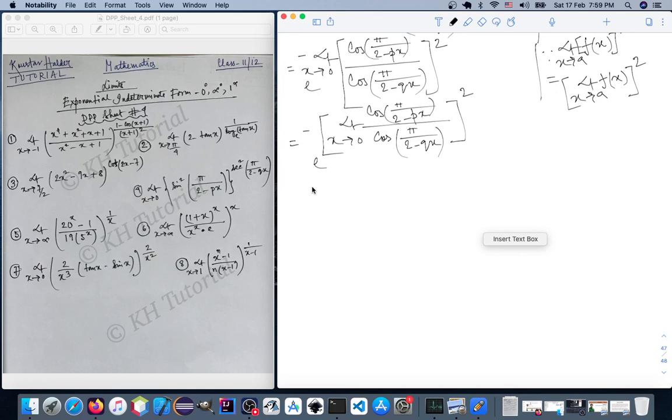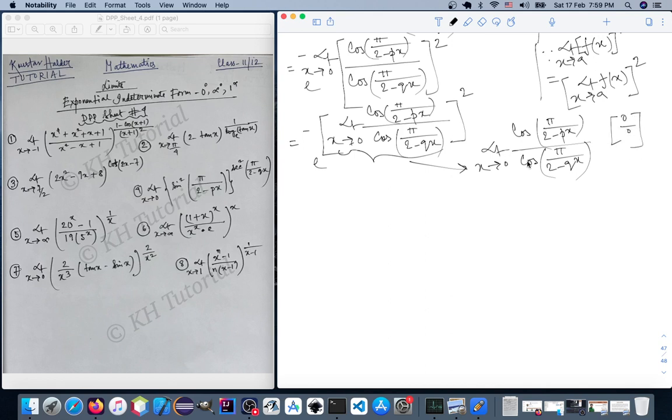Let's calculate this limit separately. We have limit x tending to 0 of cos of pi by 2 minus px divided by cos of pi by 2 minus qx. This is of the form 0 by 0.